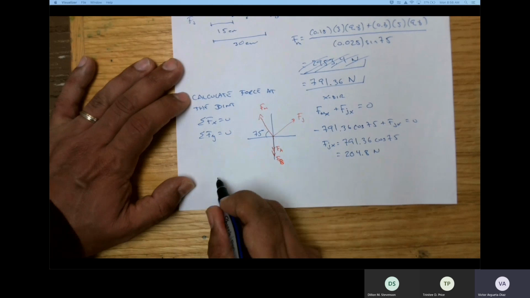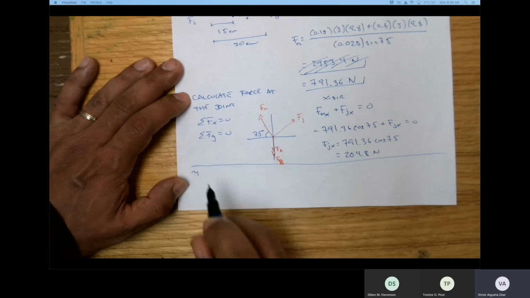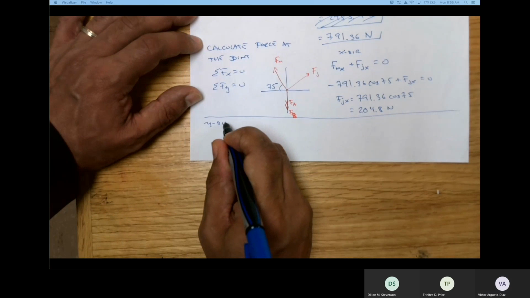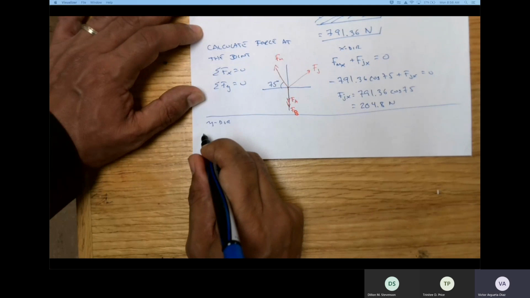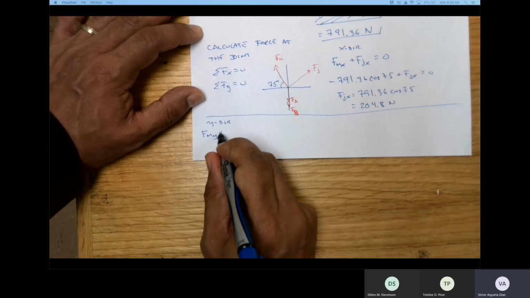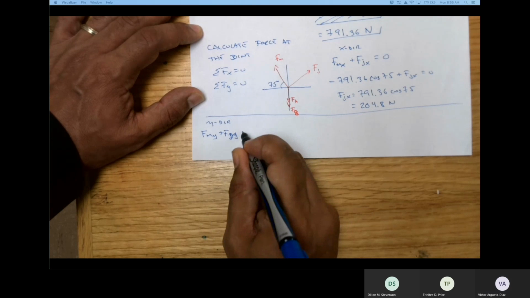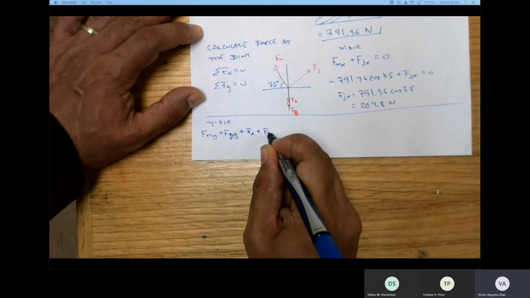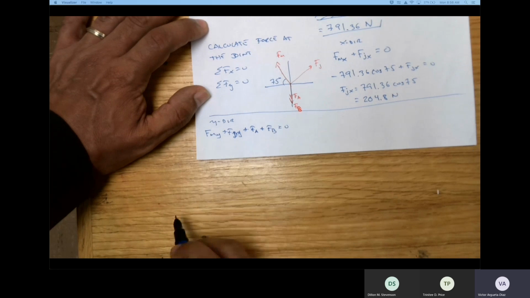For the Y component, I'm going to have 4 components. So I have the Y component of the muscle plus the Y component of the joint plus the weight of the arm and the dumbbell, and all of these have to be equal to 0.